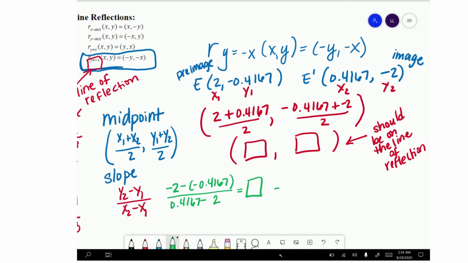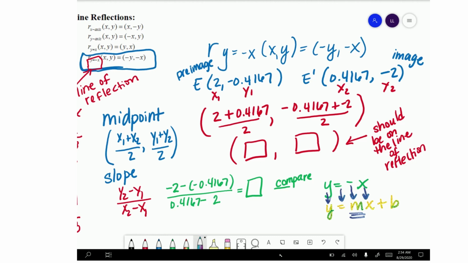And we're going to compare it to the slope of y equals negative x. Well, you should remember from Math 1 that in the equation y equals mx plus b, the slope is always m. And so if we line these up, okay?